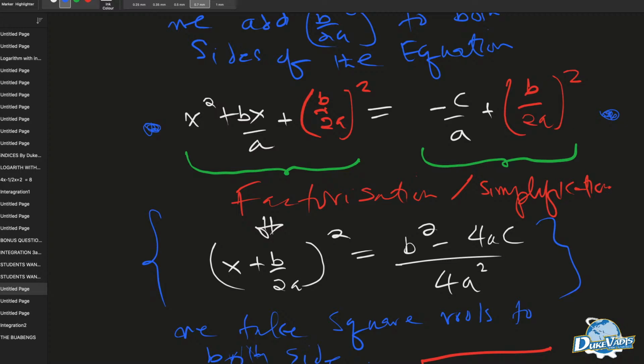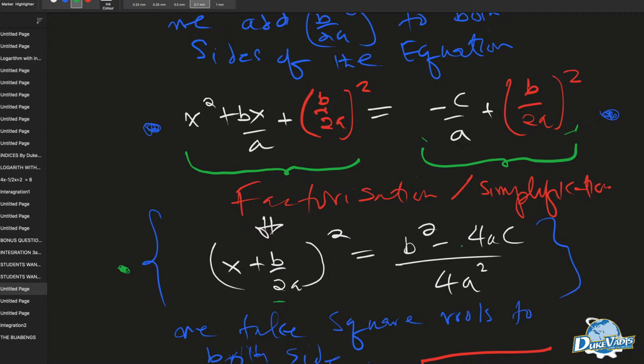After factorization and simplification, we got to this point where we said x plus b over 2a all squared is equal to negative c over a plus b over 2a all squared.